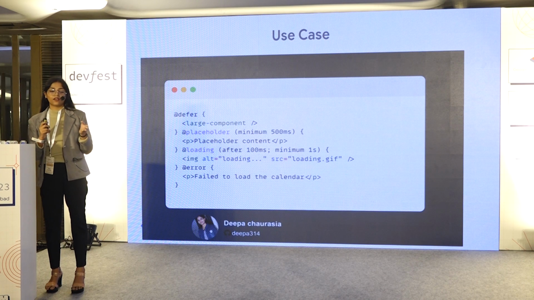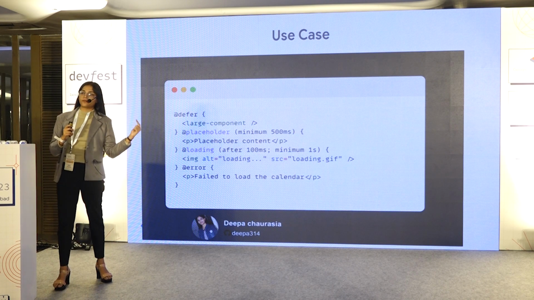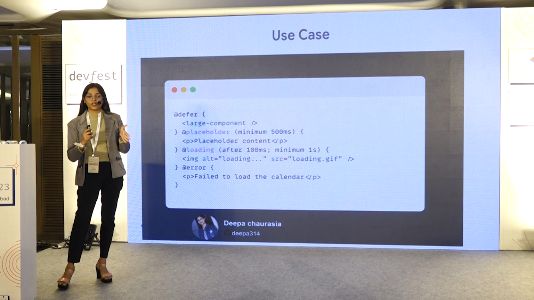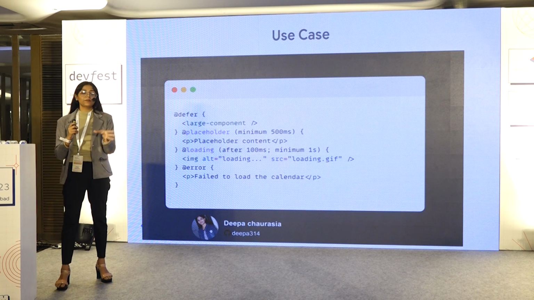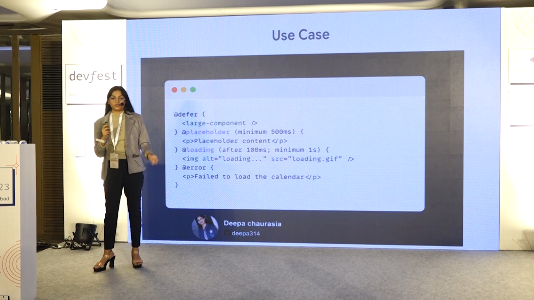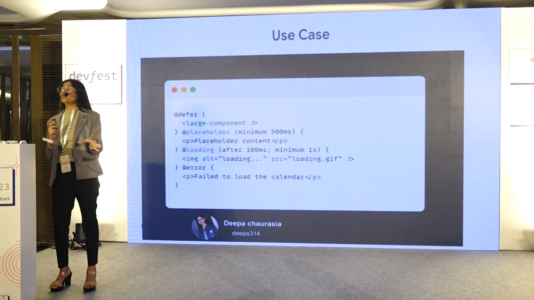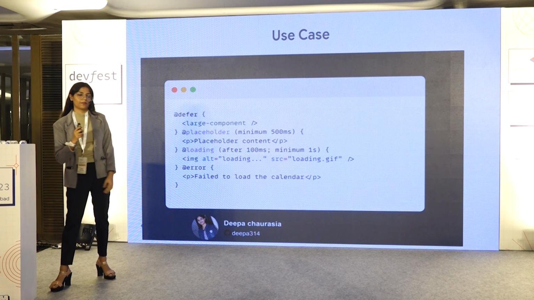And then after that, if your component is loading after some time, then inside the @loading block, I have mentioned an image that I want to show during that time. And if in case your defer block failed, then you will see the error block. So that's how you can implement the defer block in your HTML.